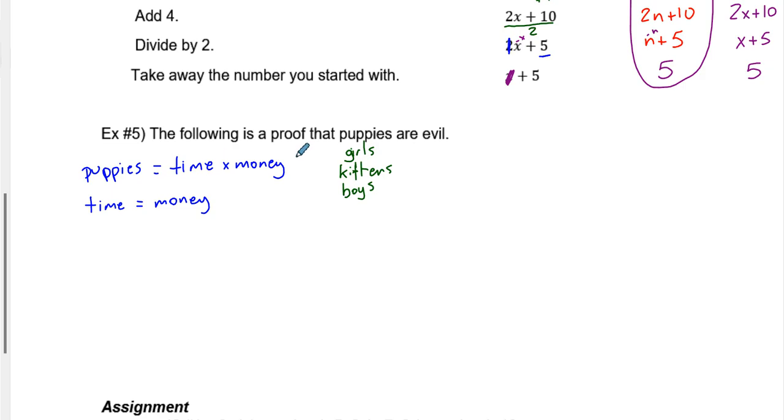So we could rewrite that first line to say that since time is money, we could write money instead. So money times money. Oh, well, this can be simplified. Money times money would be money squared.